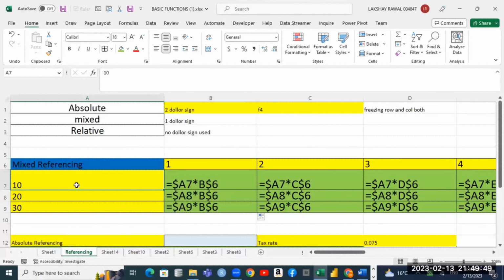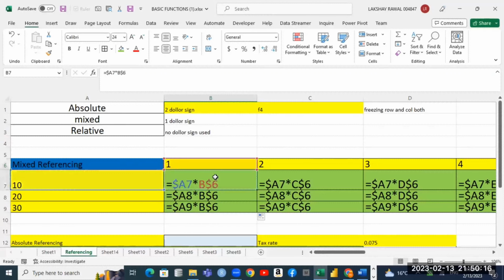If I'm writing any formula for this cell and this cell, 10 is A7, this is B6. Then A8, B6. Actually, this is changing for these results. This is changing, but what is fixed? Column name. 1 is fixed. And what is 1? That is B6.